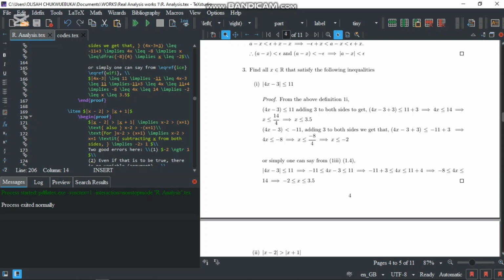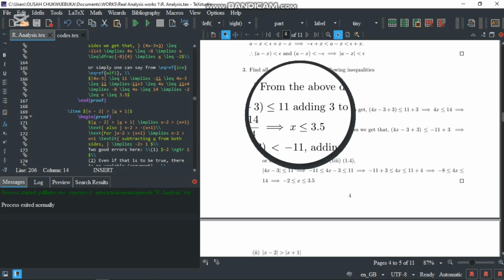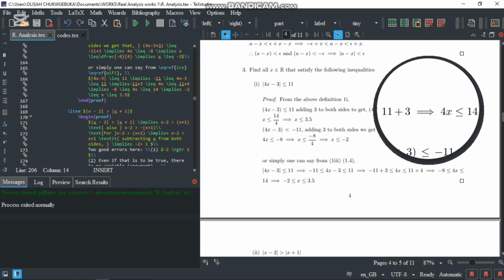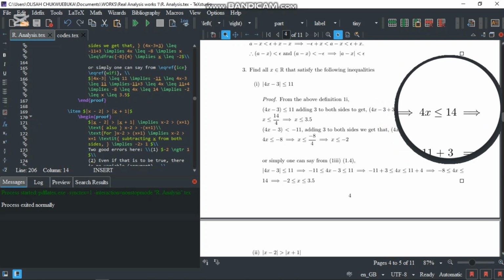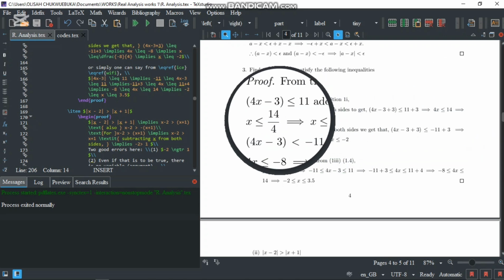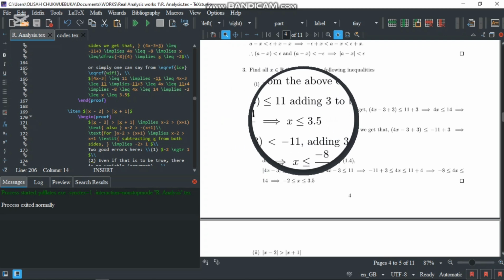Now we add 3 to both sides, so 4x minus 3 plus 3 is less than or equal to 11 plus 3. That gives us 4x is less than or equal to 14, which implies that x is less than or equal to 14 over 4, which is 3.5.